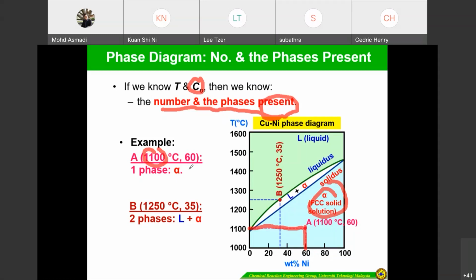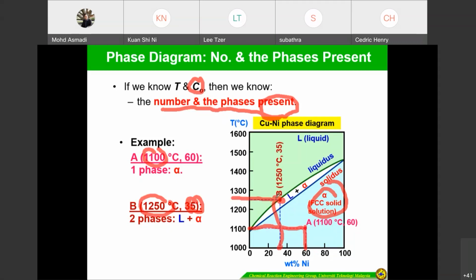For B, we know 1250 degrees and 35 is the initial composition, meaning the weight percent of copper and nickel that you mix, for example 50% or 30%. Here it is around 35, and we bring it to 1250.